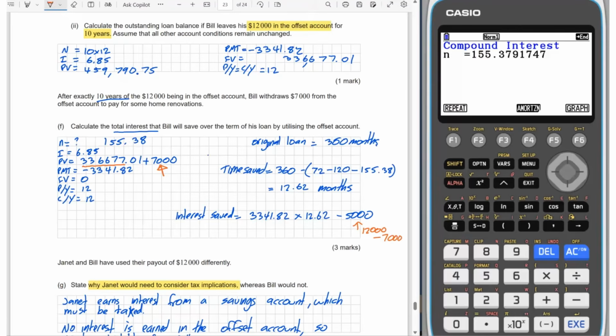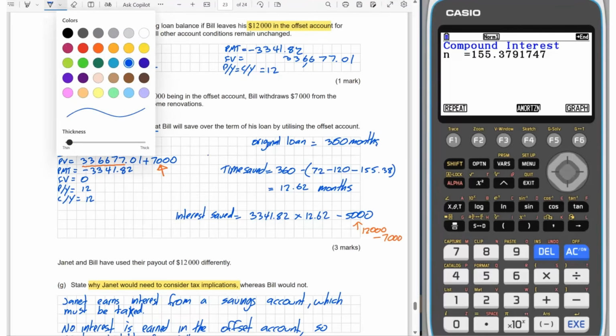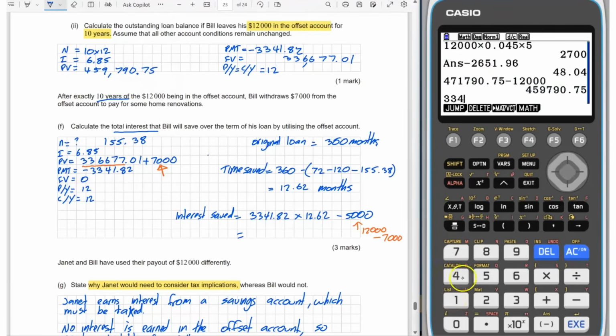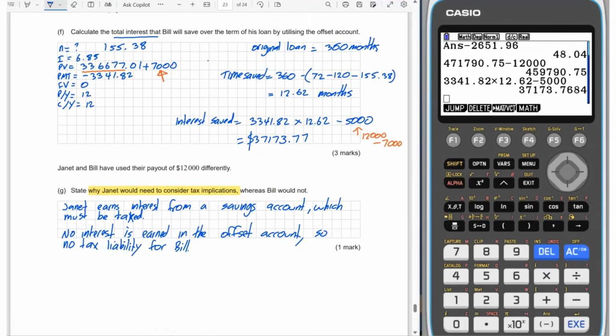So that's what's left over in his offset account. So it's 3341.82 times 12.62, take off the 5,000. It's going to be, I should say, 173.77 is how much interest he's saving. Okay, so a couple of steps to get through for that total interest.